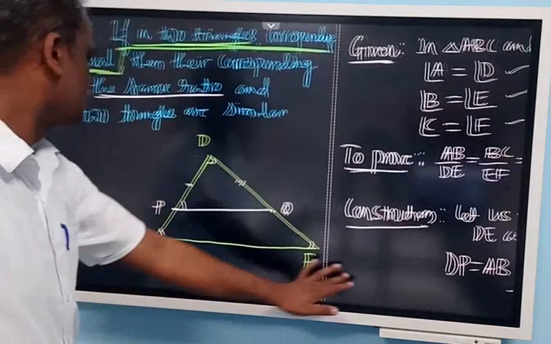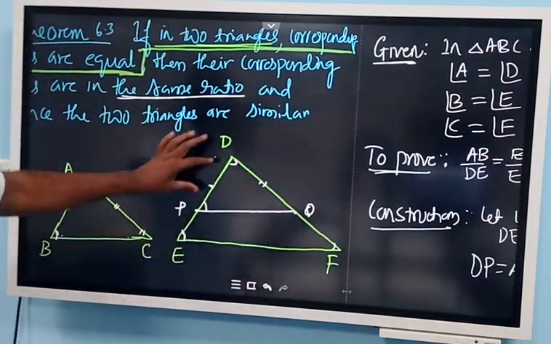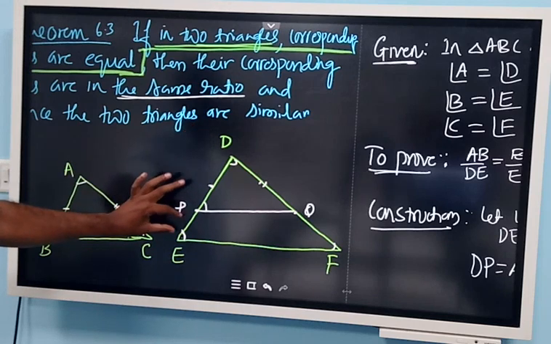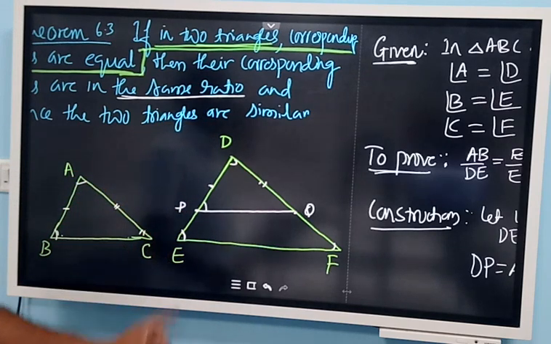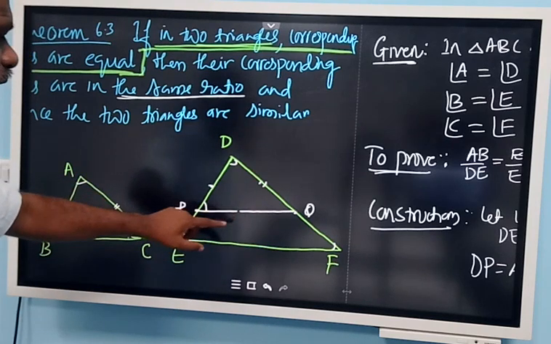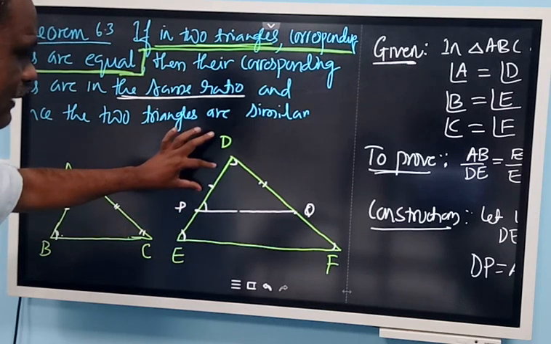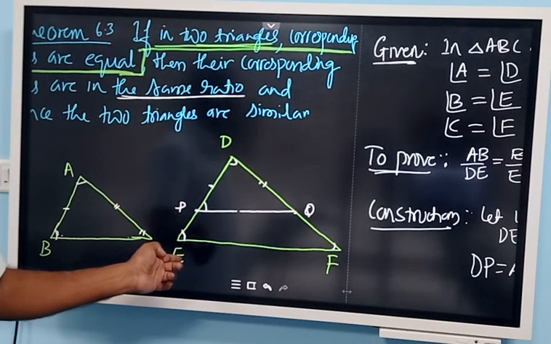Look at the diagram. Since these two sides are parallel, I can write DP by PE, and at the same time I can write DP by DE also.